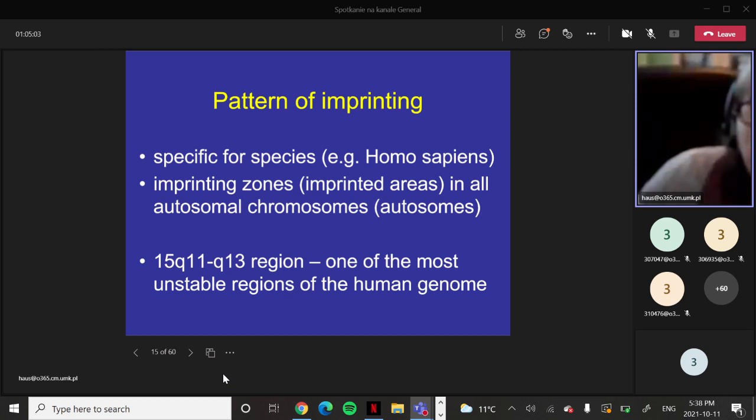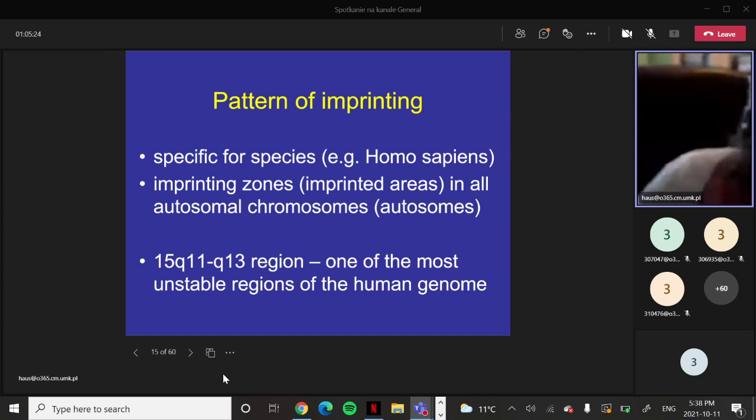In general, a pattern of imprinting is specific for a species, for example Homo sapiens. And imprinting zones are present in all autosomal chromosomes.